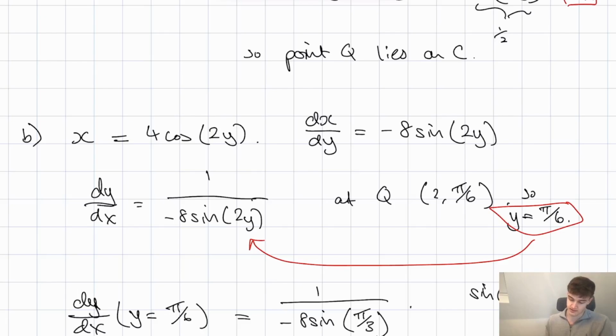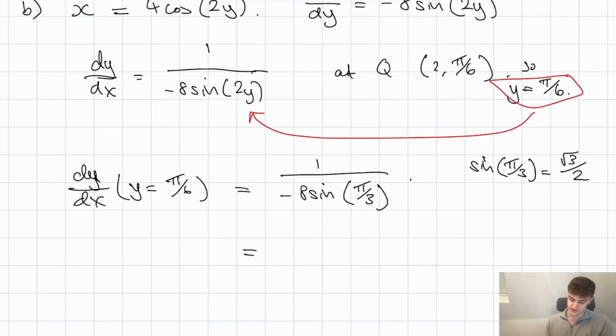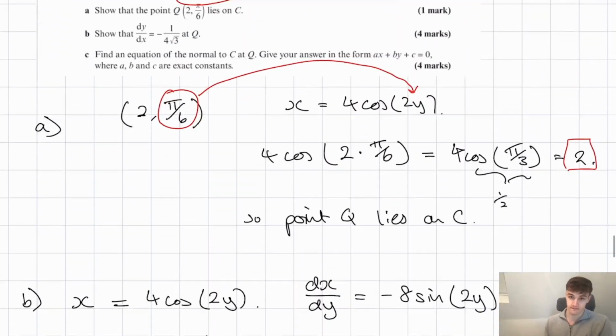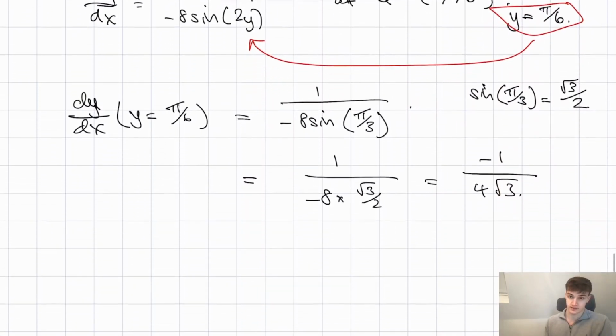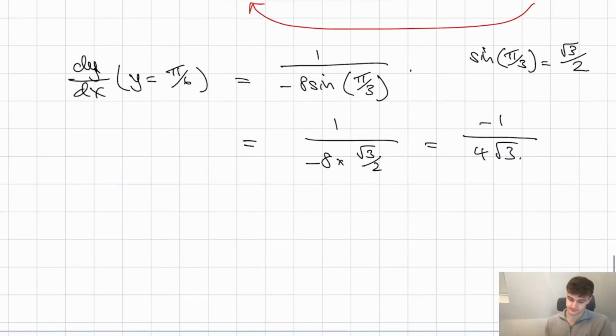You should remember these, but if not, you can use your calculator. Sine of pi over 3 is root 3 over 2. So this is going to give me 1 over negative 8 times root 3 over 2, which is negative 1 over 4 root 3. There you go. And that is what we wanted.